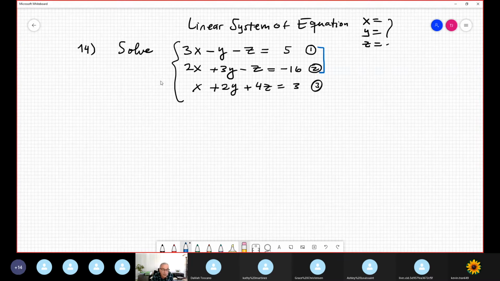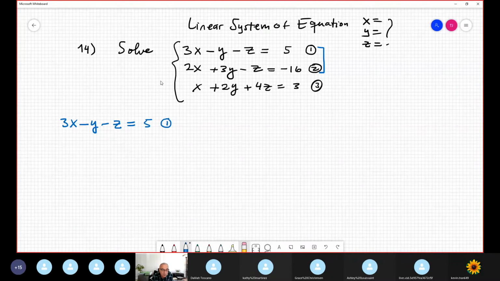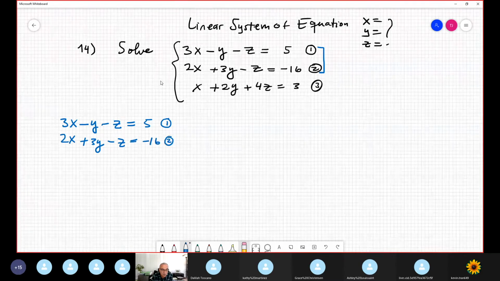I copy again: 3x minus y minus z equals 5, equation 1, and 2x plus 3y minus z equals minus 16. This is equation 2. At this moment, I am thinking about the strategy for solving this.